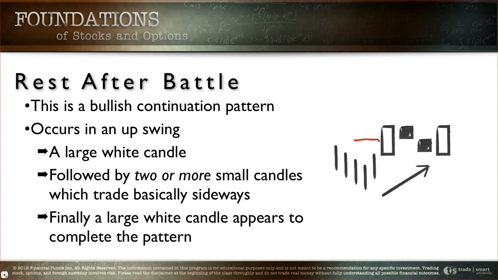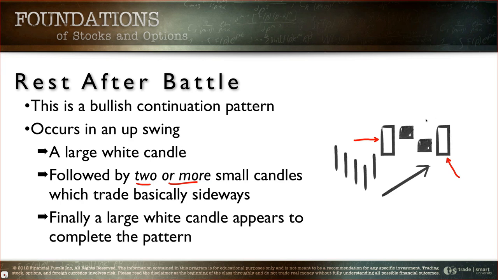I want that big white candle, then 2 or more sideways small candles. So it could be 2, it could be 3, it could be 4, it could be 8, it could be 10, doesn't matter. 2 or more small sideways candles that are basically inside that first candle. And then on the final day, whichever day it comes, we get a large white candle.